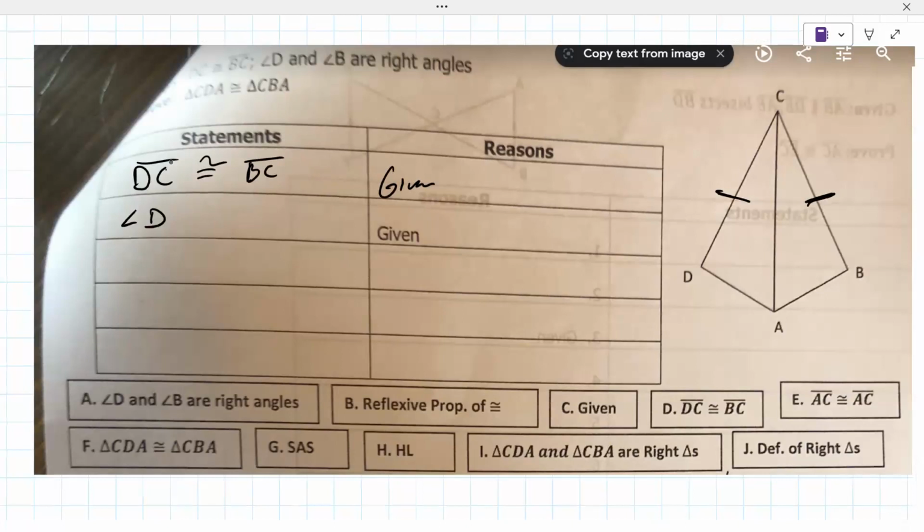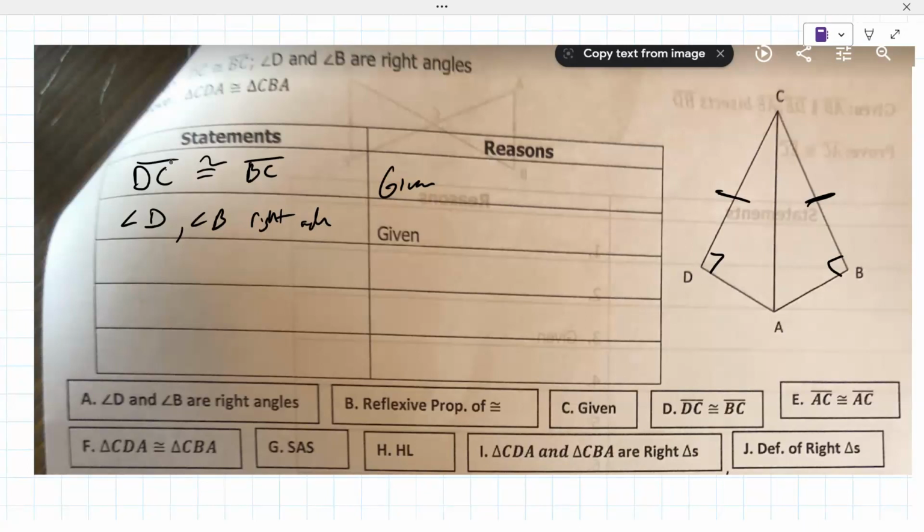Angle B, angle B are right angles. That's also a given. Okay, so angle D. Now it's not enough to just say they're right angles for congruence. You actually have to say that they are congruent if you want to use that.